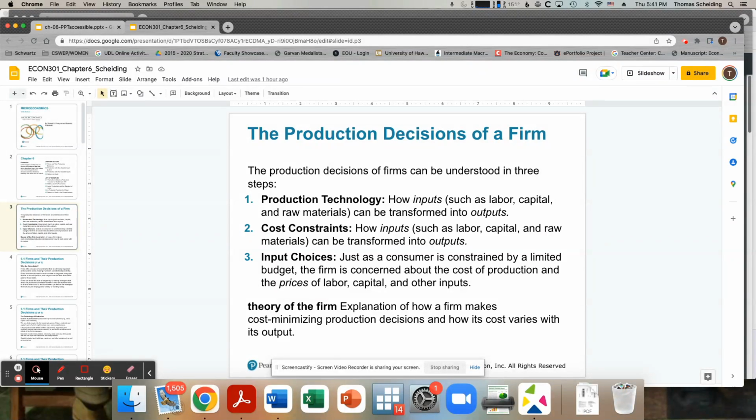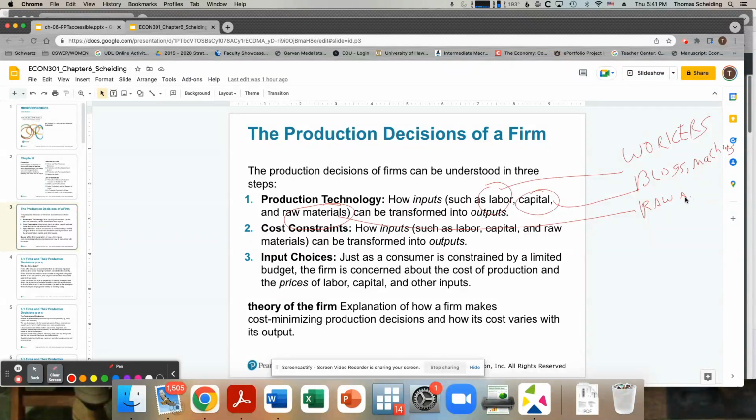So, labor, which would be the workers basically, the capital, that would be the buildings, machines, and then in some cases we have raw materials, water, soil, things from the earth basically.